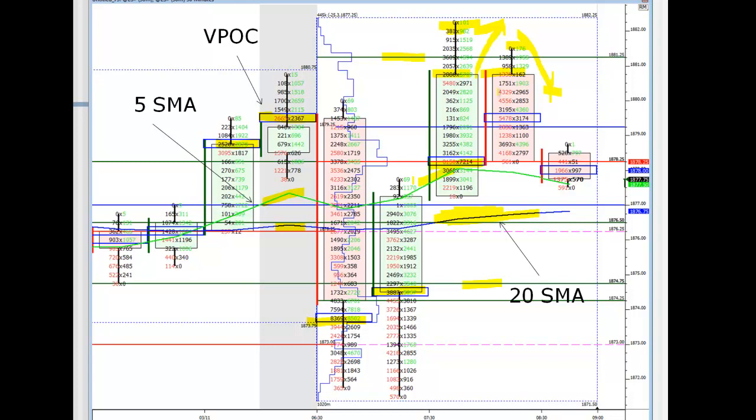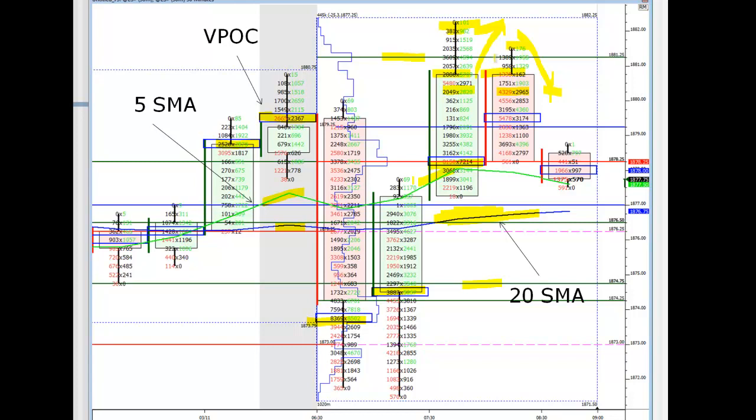Once I begin to see these large numbers that are even greater than the numbers that preceded me on the bar up, and prices are dropping, I'm a seller in this market, or I would be comfortable taking a short. So that is the process of how we read order flow.